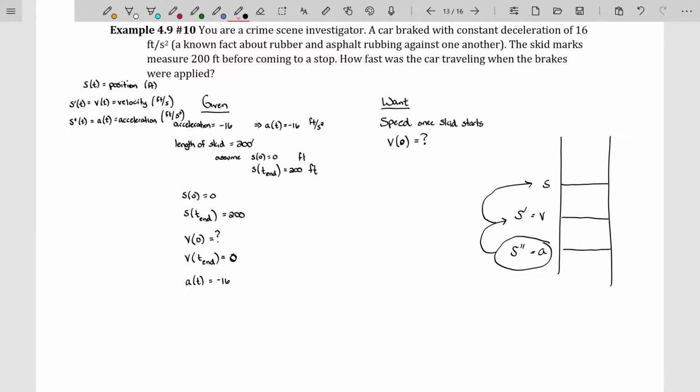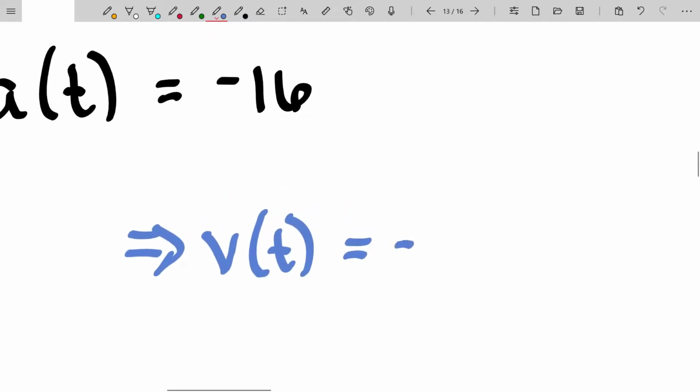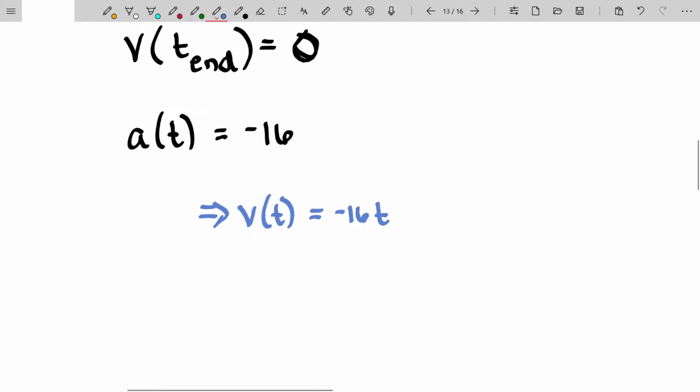So let's start with the acceleration. If the acceleration is -16, that implies the velocity function is the antiderivative of -16, which is -16 t. Remember, the variable here is t. But we have to add a constant because of our antidifferentiation.